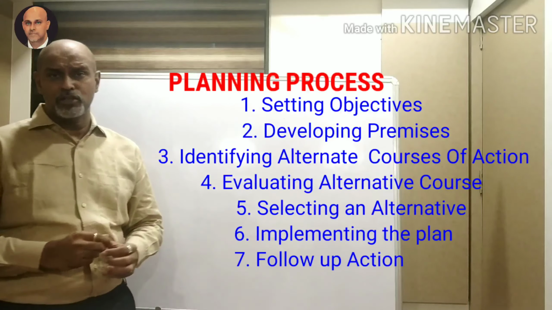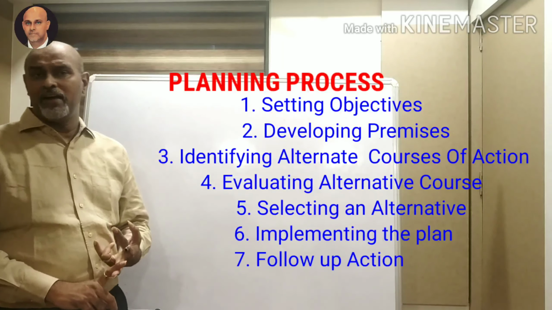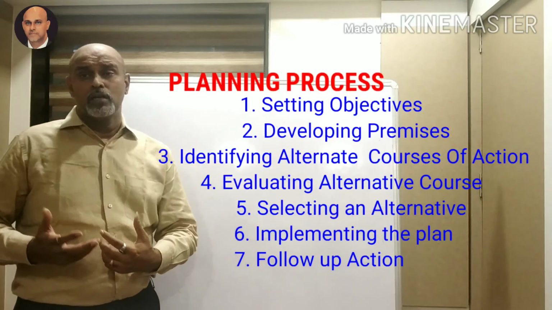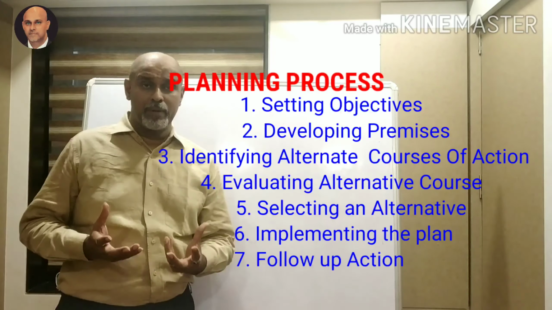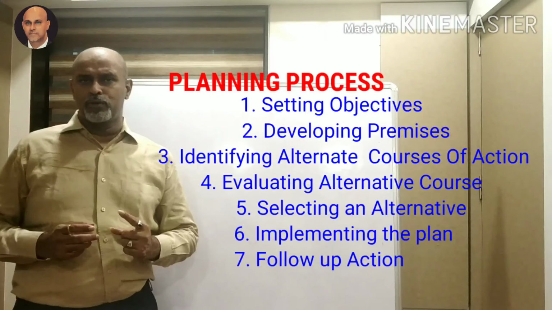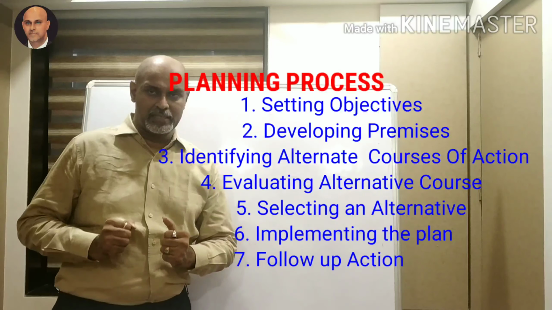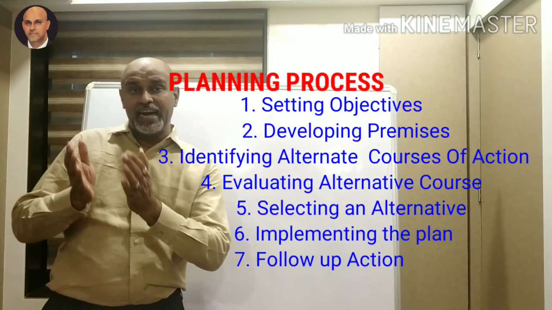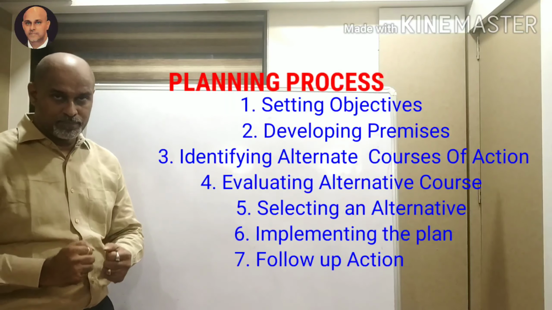You have two very easy options: one is you have it made by hand, and secondly you have it made by machine. So this is the alternative course of action you are trying to think about. Whichever is feasible for you and technically sound, you are going to opt for that. So that is your third point in the planning process, identifying the alternative courses of action.